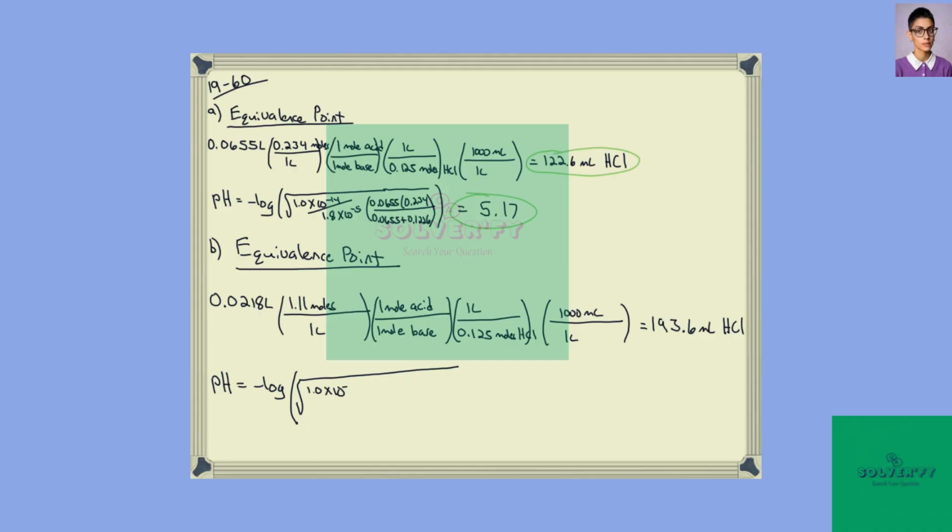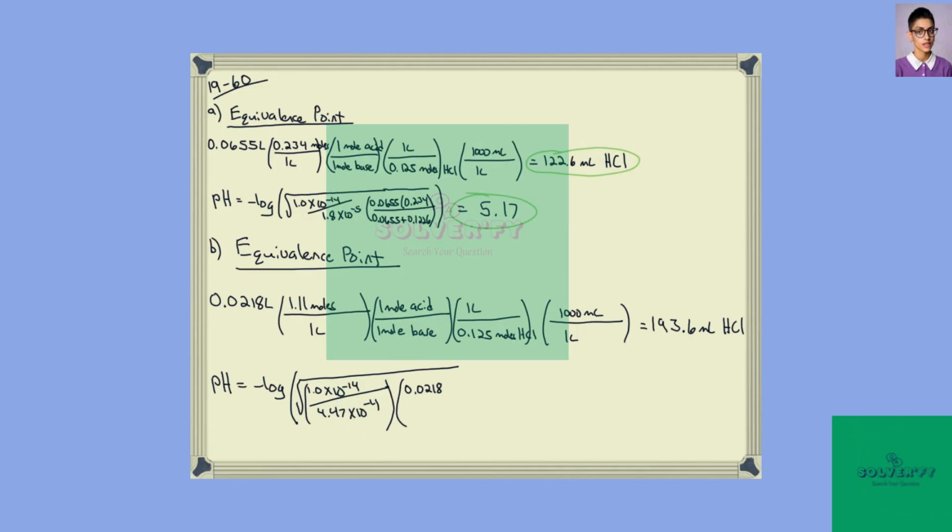So the Ka value will be equal to Kw divided by Kb of methylamine. We can look up the Kb value of methylamine, and it's about 4.47 times 10 to the negative 4. Divide that into Kw, and we have Ka.